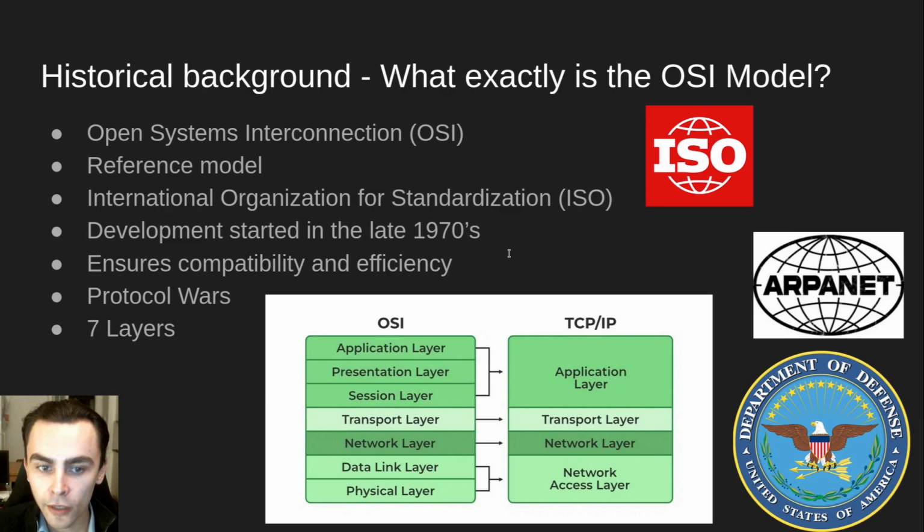The OSI model failed at implementing its own network protocol suite as a solution to the 70s and 80s era protocol war. However, it succeeded very well as a reference model to describe network communication.